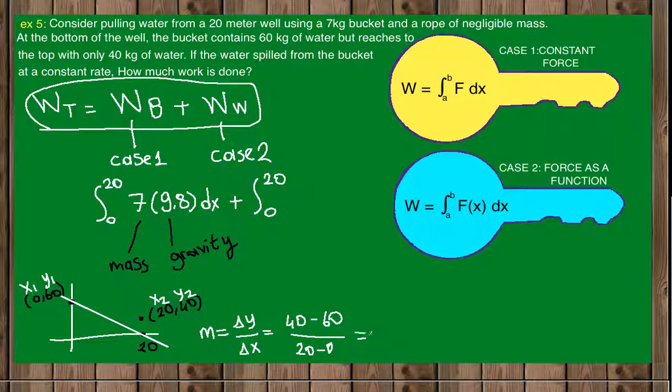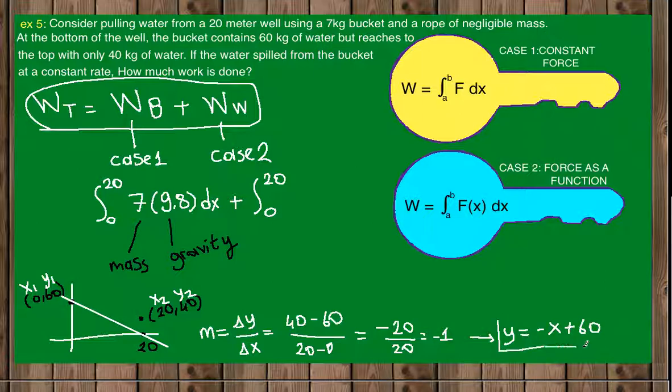So 40 minus 60 is negative 20, divided by 20, so our slope is negative 1. So our function is y equals negative 1x, which is negative x, plus the y-intercept, which is 60.